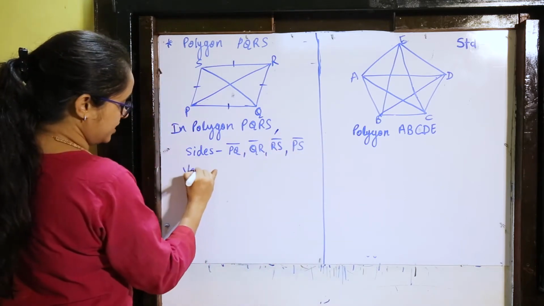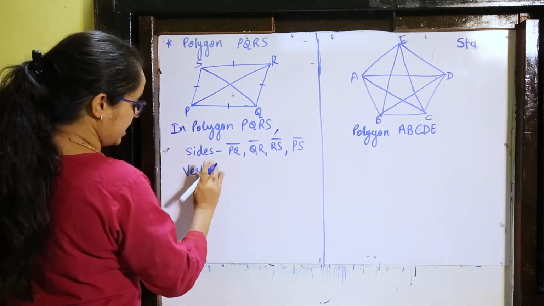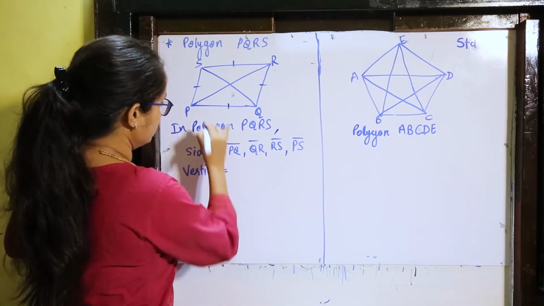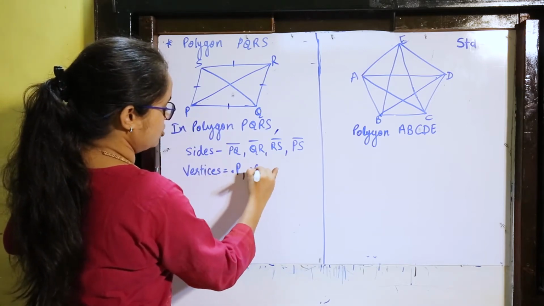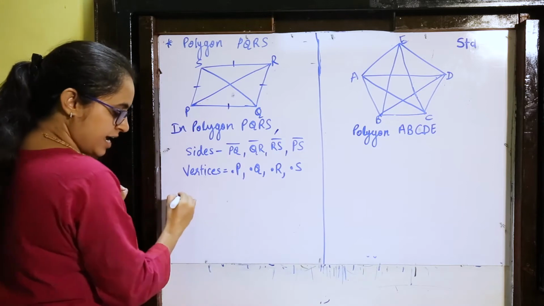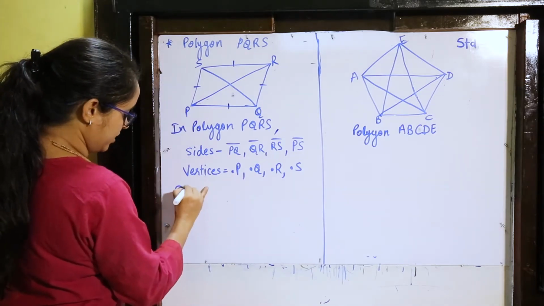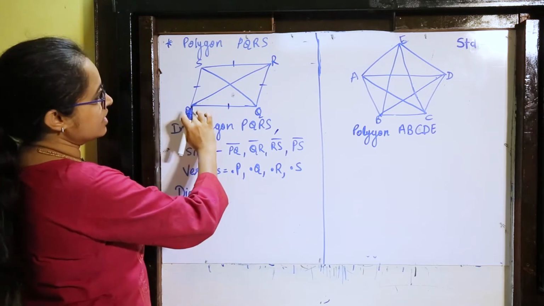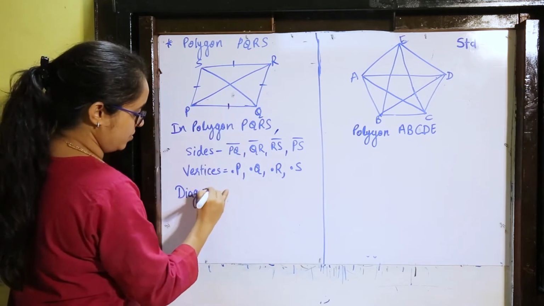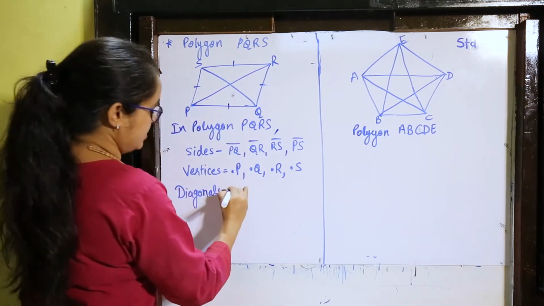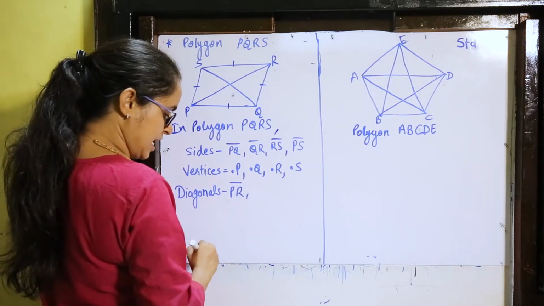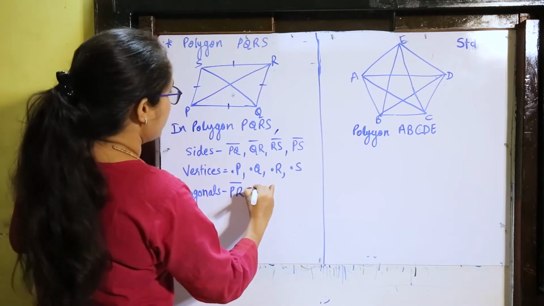Then the vertices. Vertices means the points where you are joining lines. So they are point P, point Q, point R and point S. And the diagonals are the lines which are joining two opposite vertices. So the diagonals are diagonal PR, or line segment PR, and line segment QS.